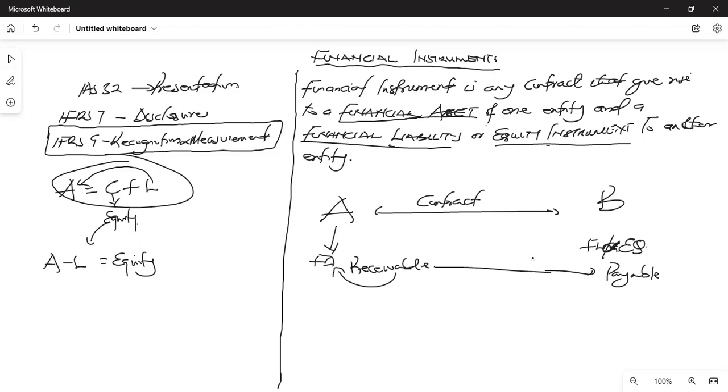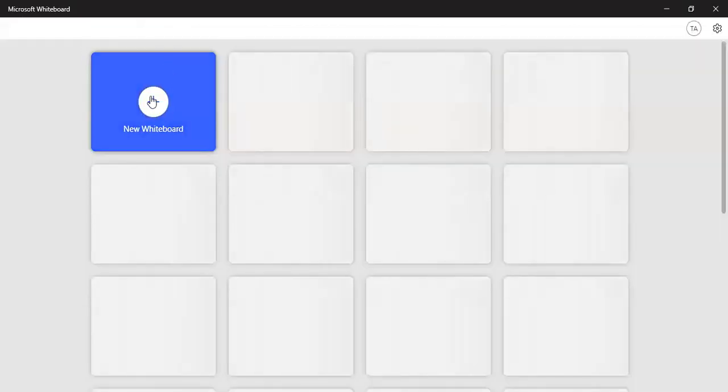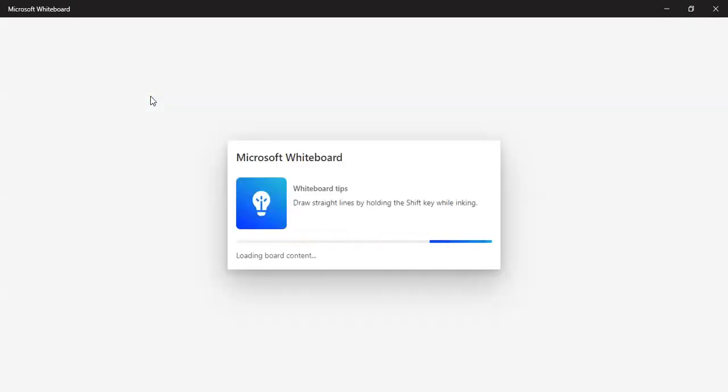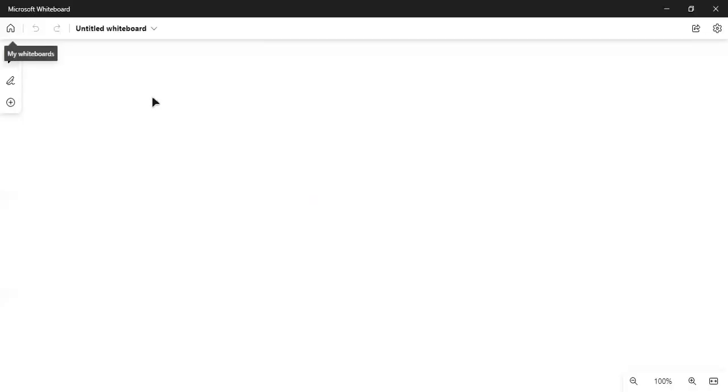What I'm going to do is create a new board here and split it into three. I'm going to use that to discuss these financial assets and all.